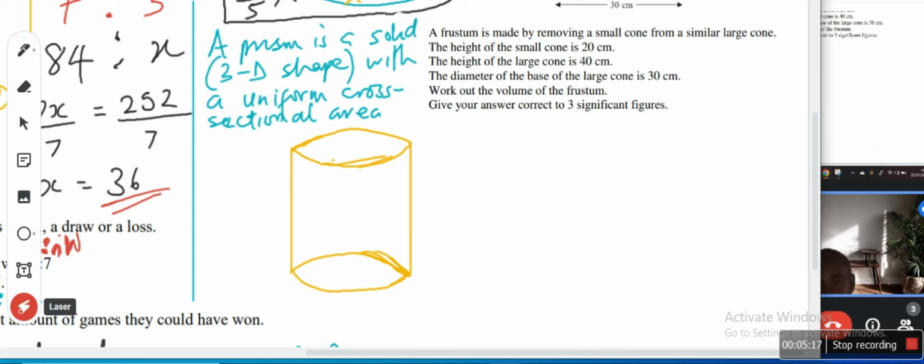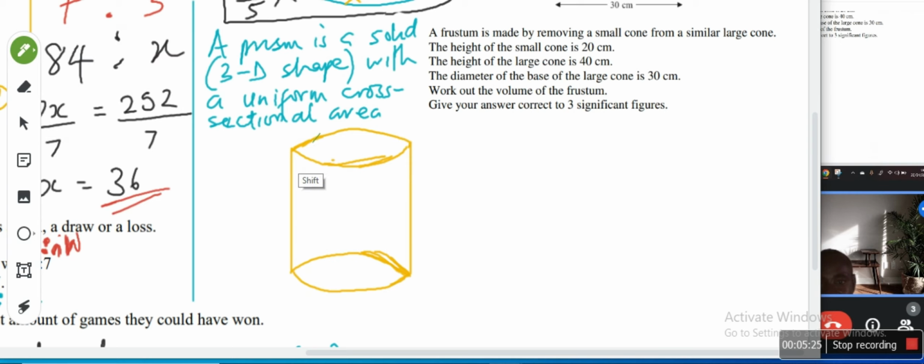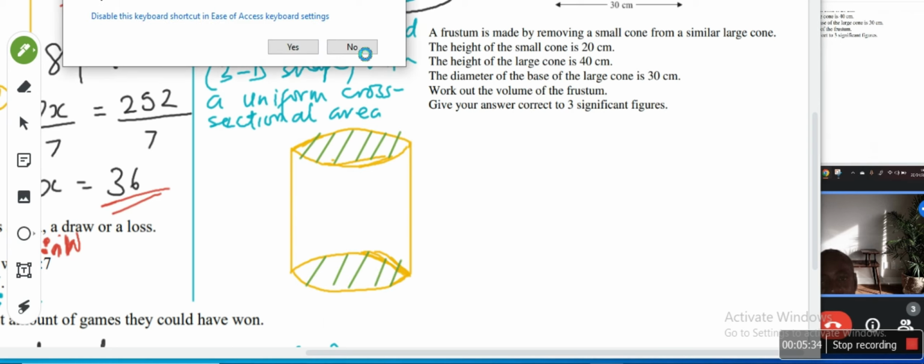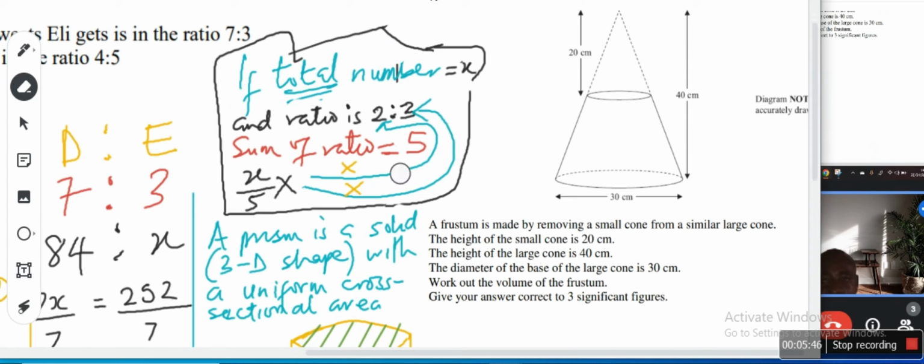A cylinder is an example of a prism because this area here, I will hash it with green, and this area here look the same and are equal, so it's a prism. Perhaps you can compare it with this. In fact, a frustrum is not a prism. Let me just show you.